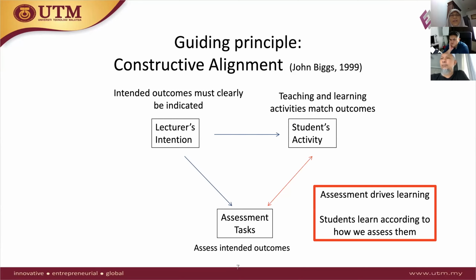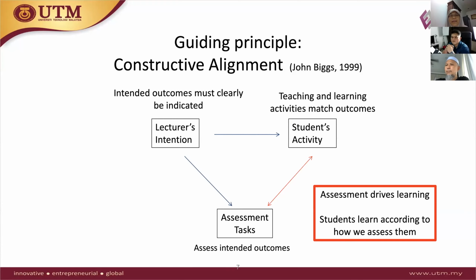In a very well-designed, constructively aligned teaching and learning environment, assessment actually overlaps with the teaching and learning activity. Assessment is indeed very powerful for learning because students can get a lot of feedback from the assessment. In constructive alignment, formative assessment is just as important as summative assessment.